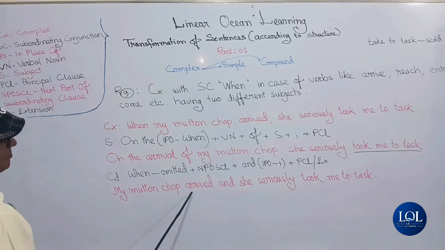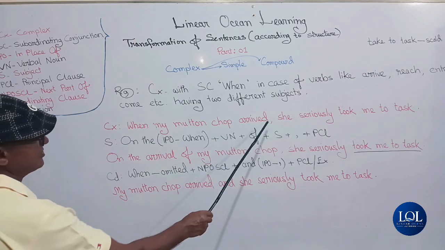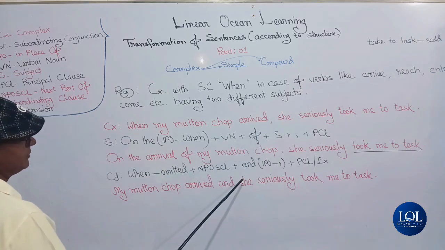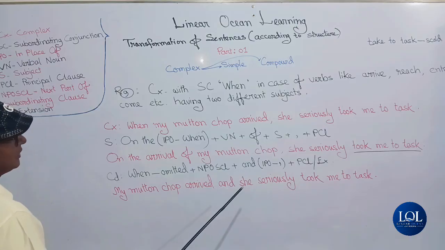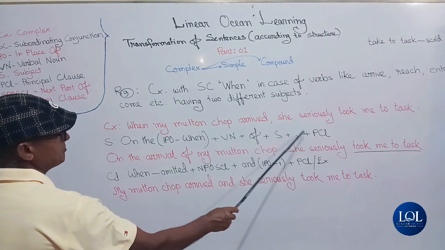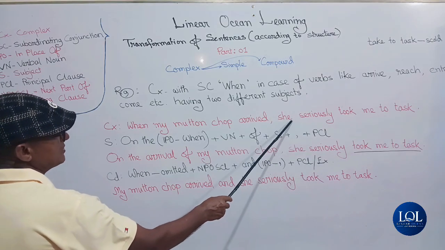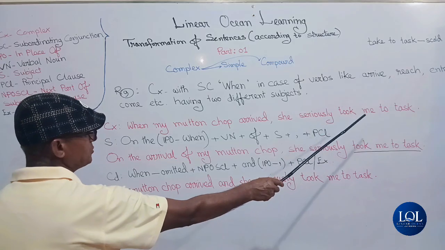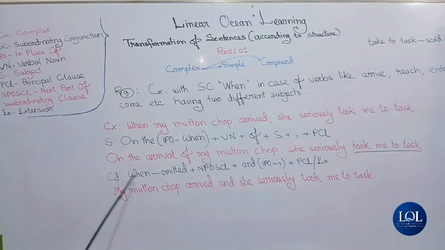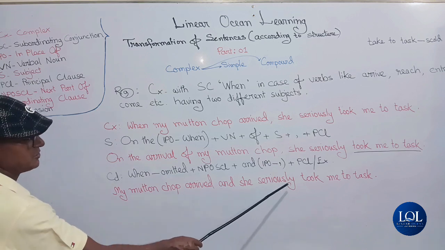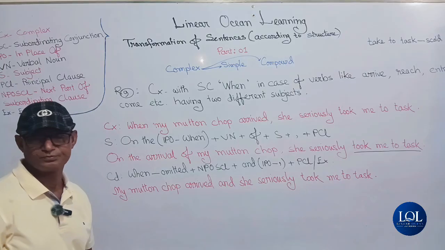So "my mutton chop arrived", and in place of comma there will be "and", then PCL or extension. PCL means principal clause: she seriously took me to task. So if we follow the structure, the compound sentence will be: my mutton chop arrived and she seriously took me to task.